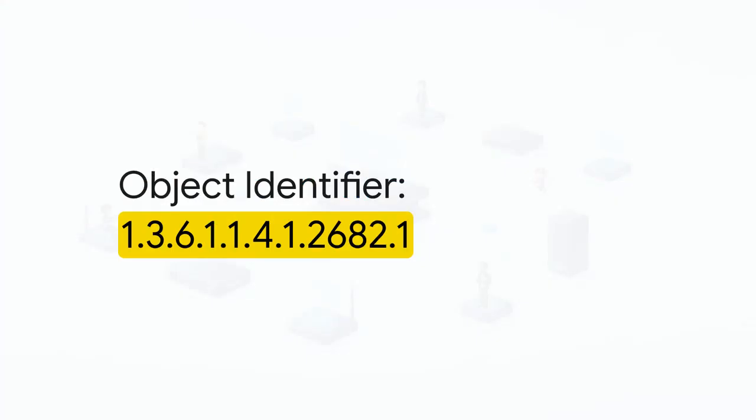Now, inside that MIB, the data is organized using an object identifier, which is a huge string of numbers, like 1.3.6.1.1.4.1.2682.1. Super intimidating, right? When you first see this out in a production environment, it looks like absolute gibberish. But don't worry, I promise it's highly logical once you break it down.